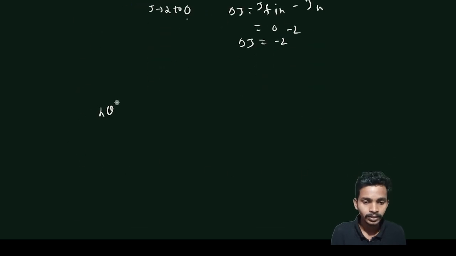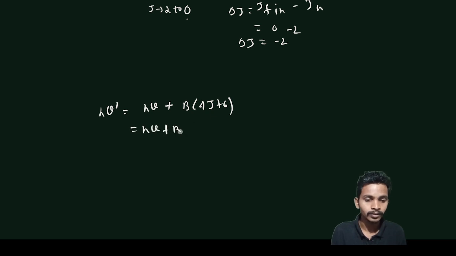So h nu dash equals h nu plus b for j plus 6, where j is the final value. For j 2 to 0, I put the higher value, that is 0, so 4 into 0 plus 6.